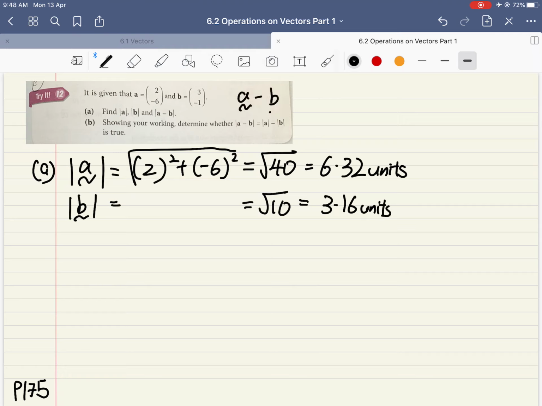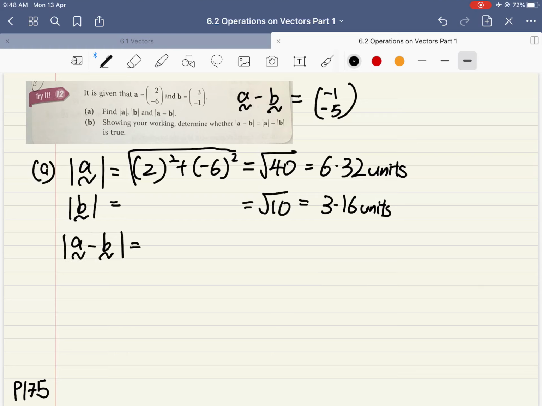For the last part of part A, first I find vector A minus vector B. So very quickly, 2 minus 3 gives me negative 1, and then negative 6 minus negative 1 will give me negative 5.